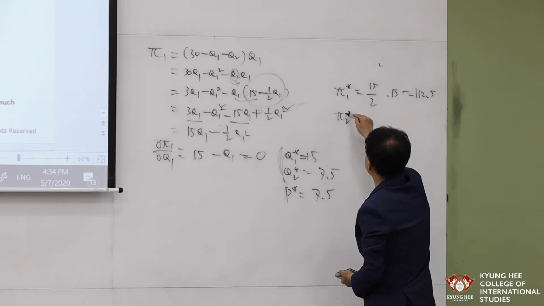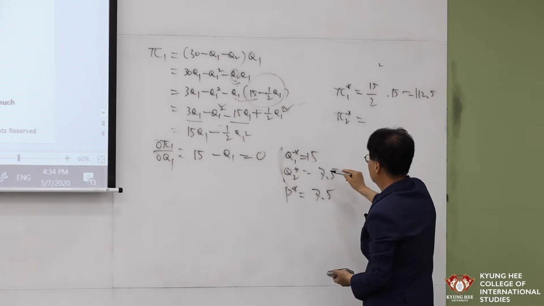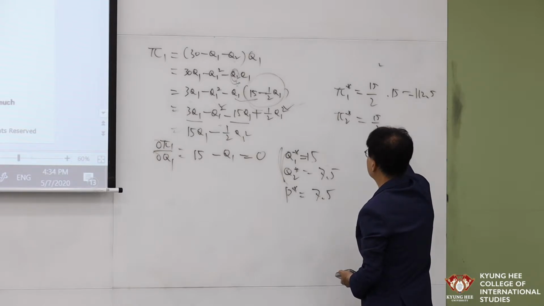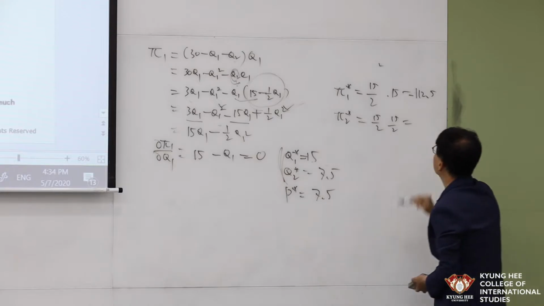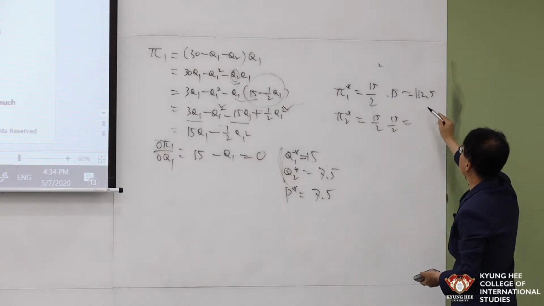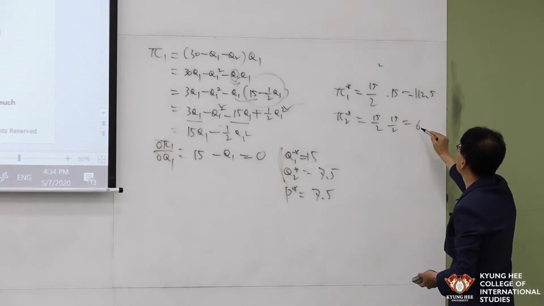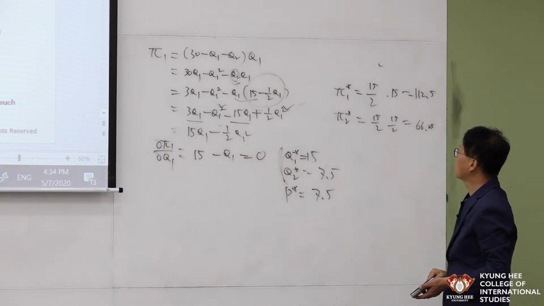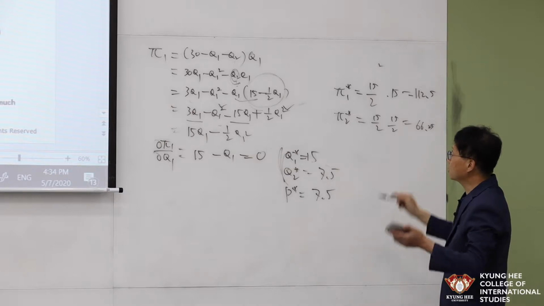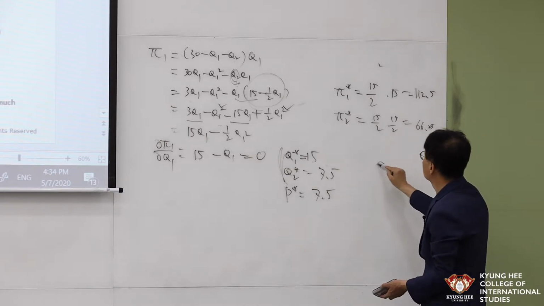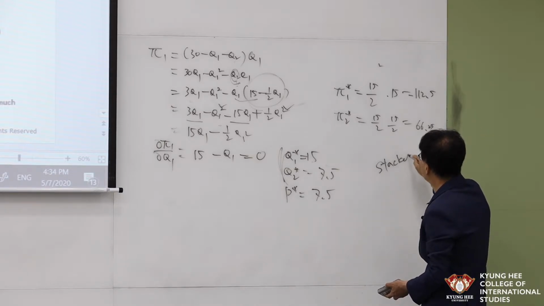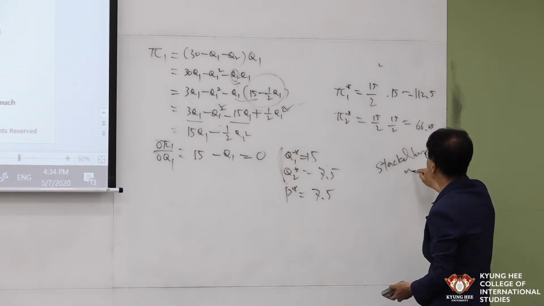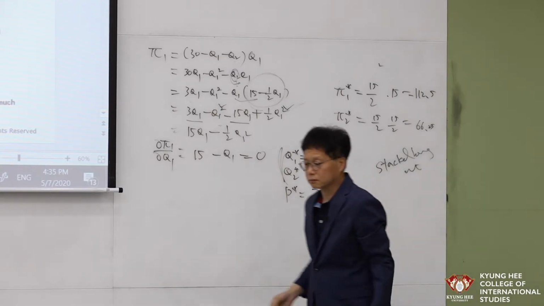And pi 2 star is equal to price 15 over 2 times quantity 15 over 2, so half of this one, right? So 56.25. Can you understand? That is the Stackelberg outcome.